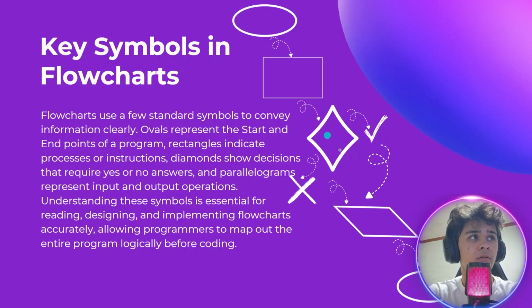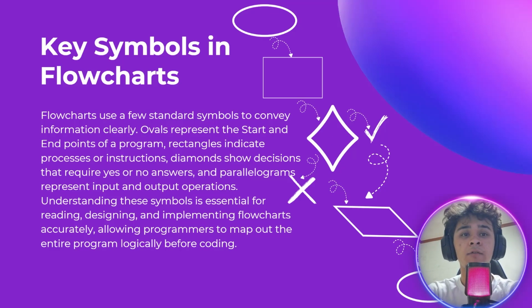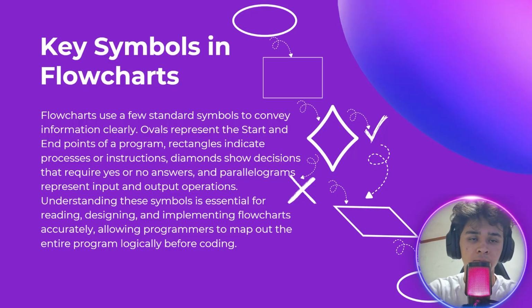Diamond shape is the decision-making part. Consider the diamond shape as an if statement. Every time you see the diamond shape, just know that it means if and else.